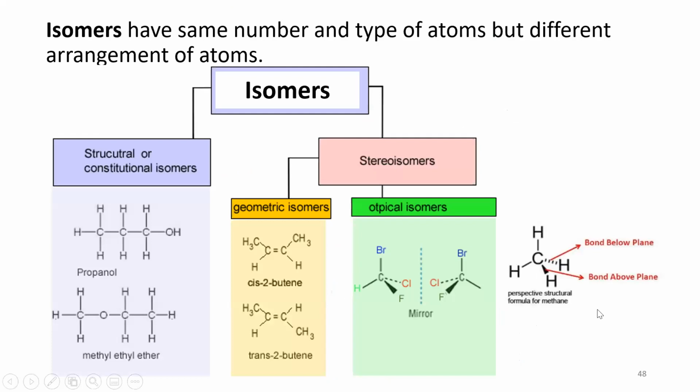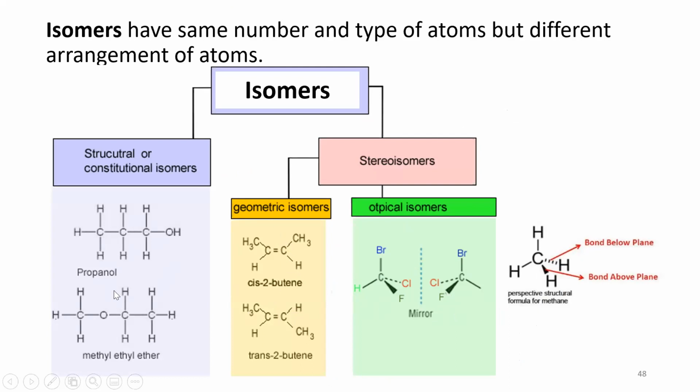About this, I would expect you to know at least what this is, because this is something that we actually did in the next chapter. I would expect you to at least know about optical isomers and geometric isomers. We have done these.